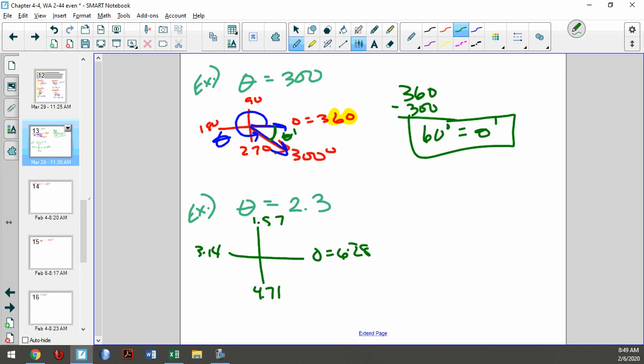So if I'm in quadrant 2, this is going to be theta, which is going to be 2.3. I need to find the little slice that is between here, which is theta prime. So how do I find that? By taking 3.14 and subtracting 2.3. So when you take 3.14 minus 2.3, you're going to get 0.84.